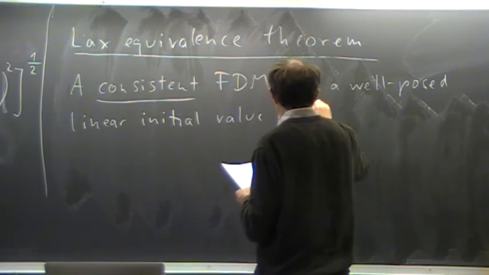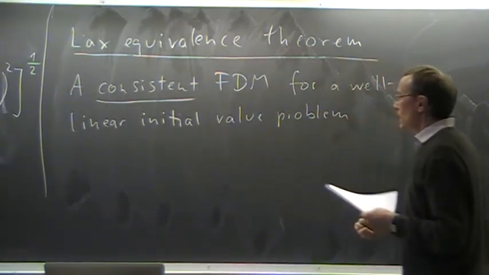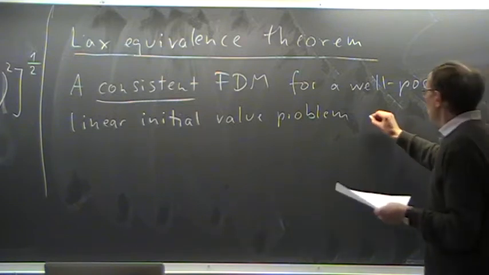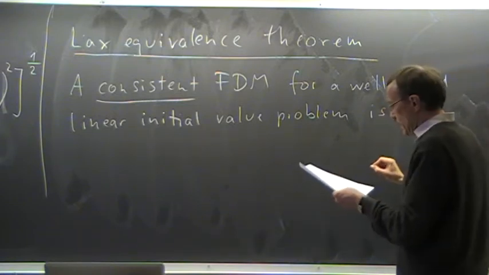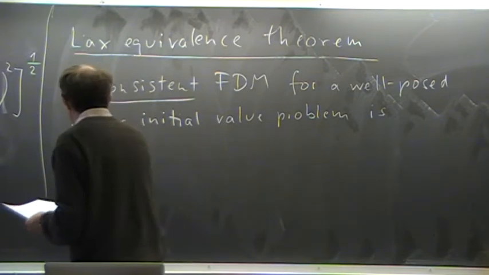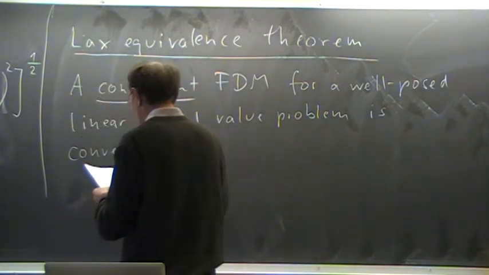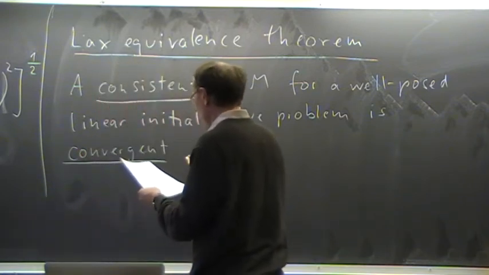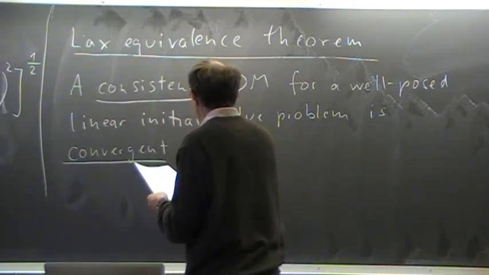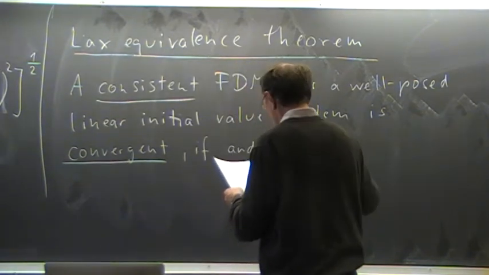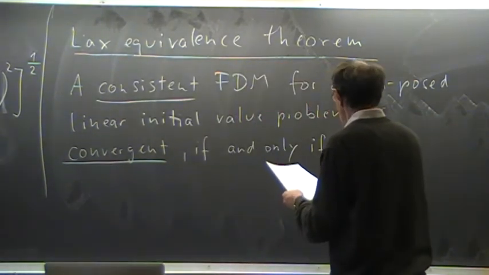So that is a PDE where we just have initial values involved, so no boundary conditions, but we may have periodic boundary conditions. That is no problem. That is convergent if and only if it is stable.